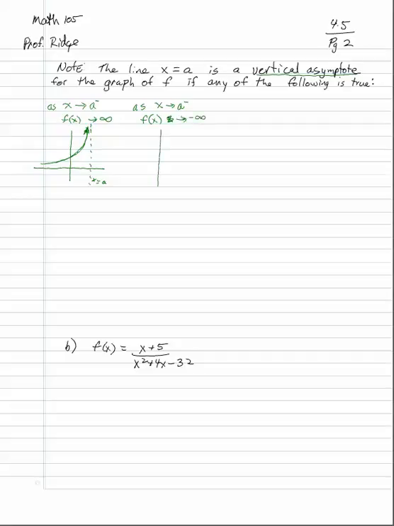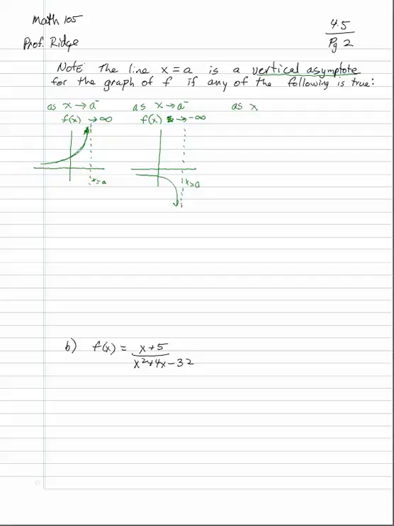So on the left side of a, as you get closer and closer to a, your graph is either going to infinity or negative infinity. So it might be something like this. And then on the right side, same thing.